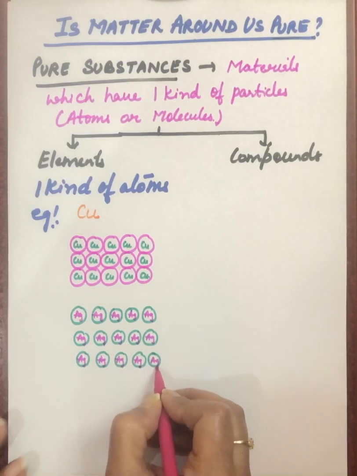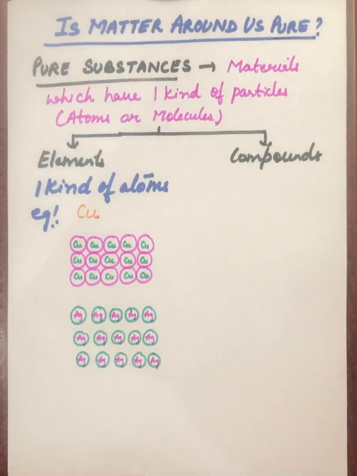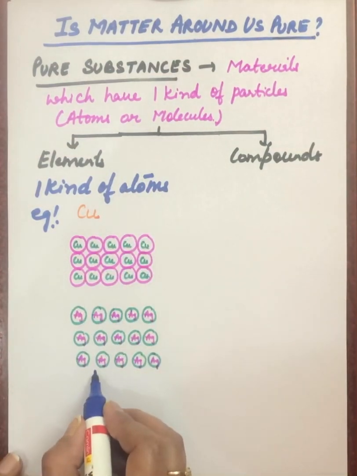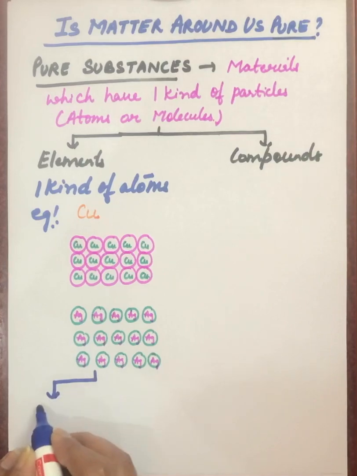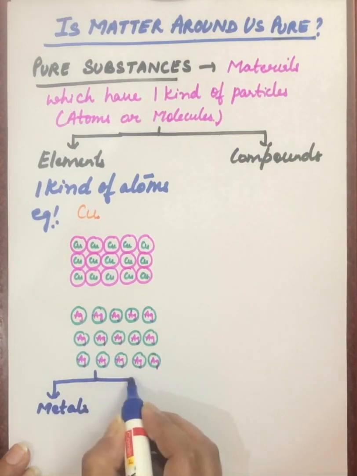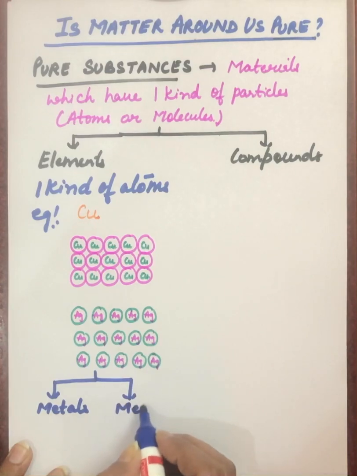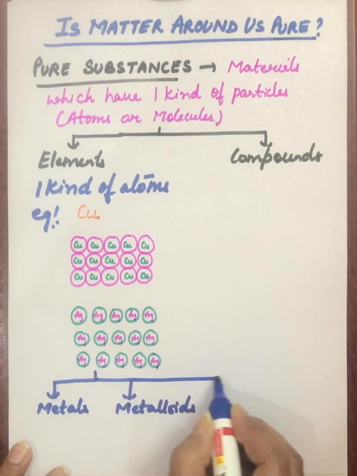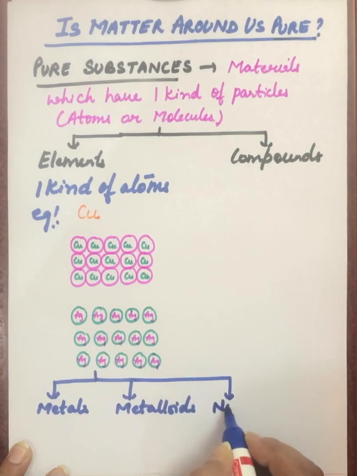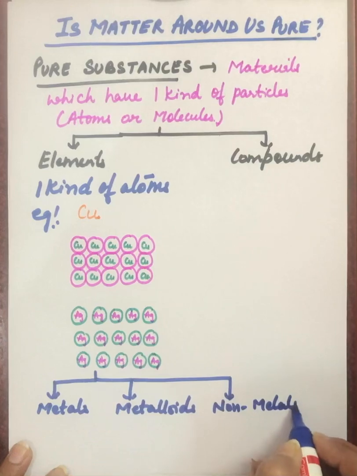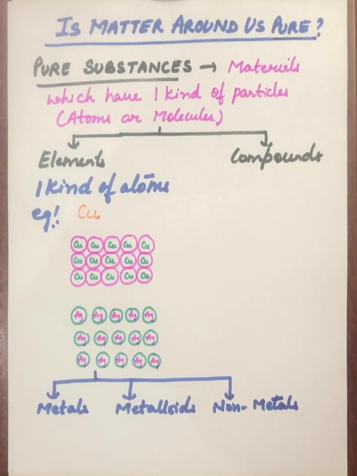Now next we have the classification of elements. To study elements, we are classifying them and they are further divided into metals, metalloids and non-metals.